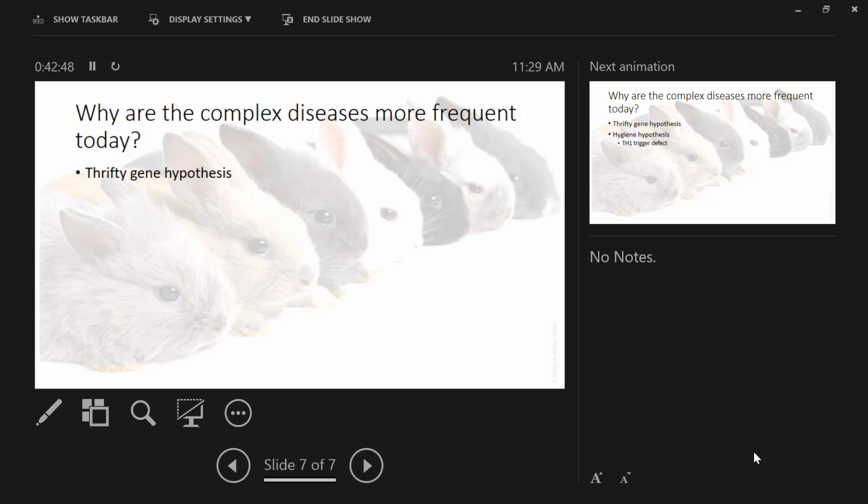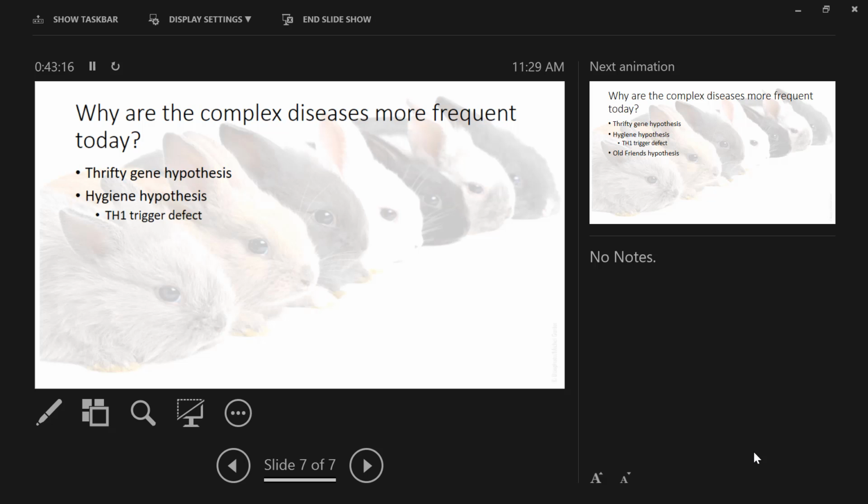And so I like this one, the thrifty gene hypothesis, right? We have mutations in those genes that were selected by natural selection or favored because they helped us survive periods of starvation, and we're not starving now. We're not having periods of starvation unless you do intermittent fasting. You're like, I'm going to fast for 72 hours because that's the way humans were designed to live, right? Eat a big meal and then fast for 72 hours.